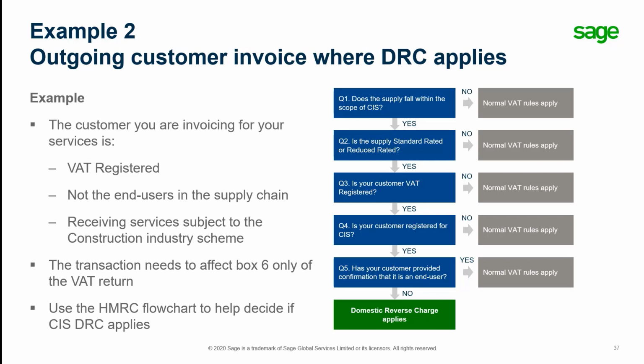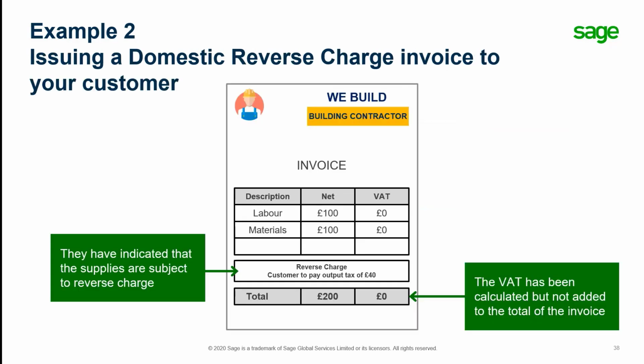So our customer is not the end user in this case. Again, if they are the end user and you've received written confirmation, the invoice would be processed as normal under the normal VAT rules. So again, we have determined that in this case, domestic reverse charge does apply to this transaction, and this transaction needs to affect box 6 only on your VAT return.